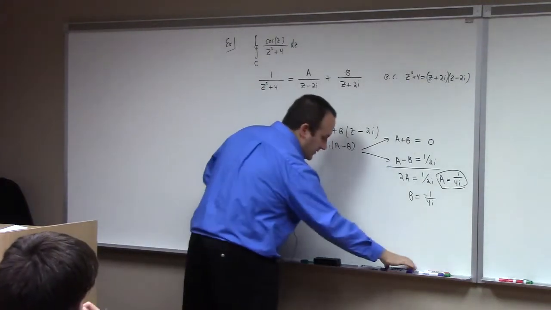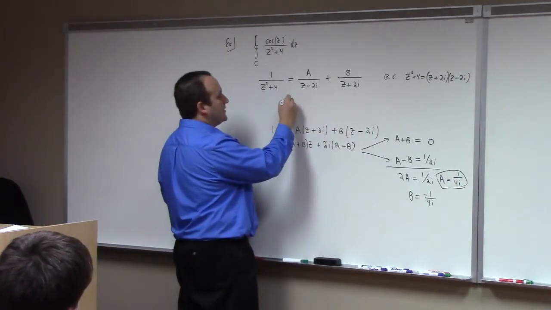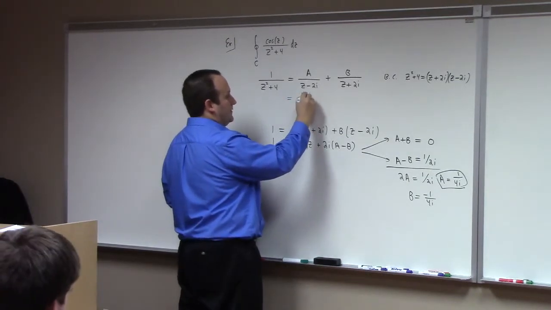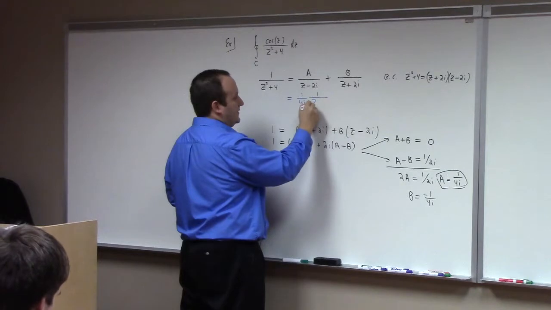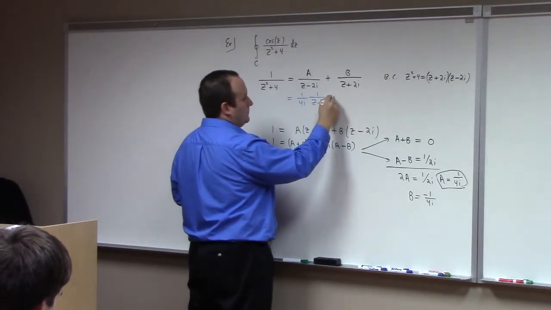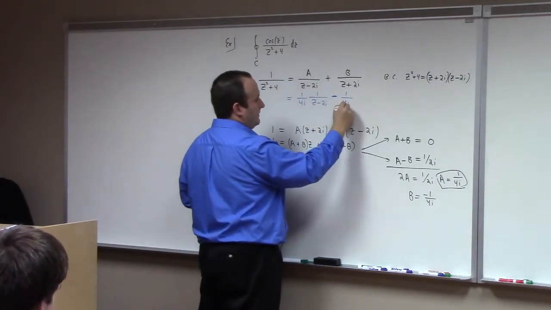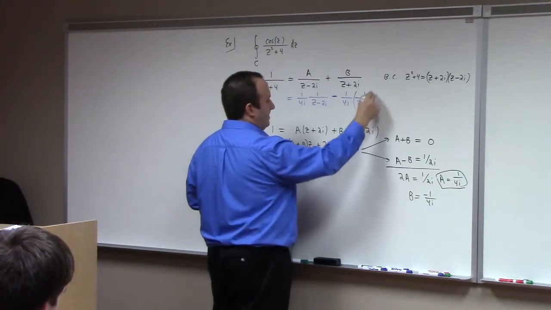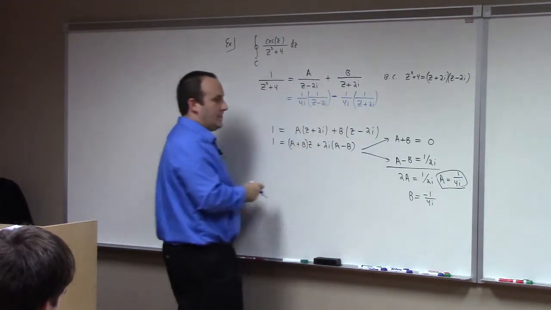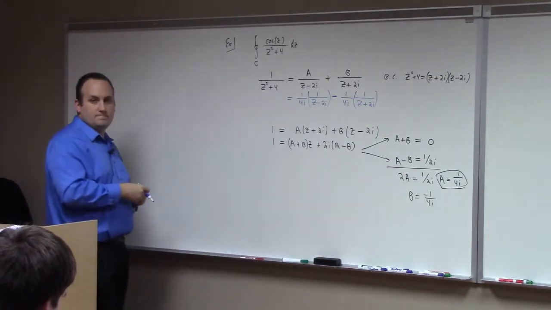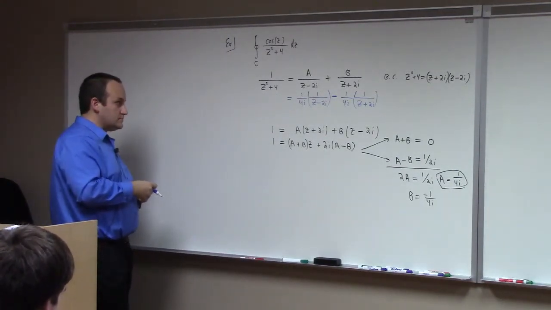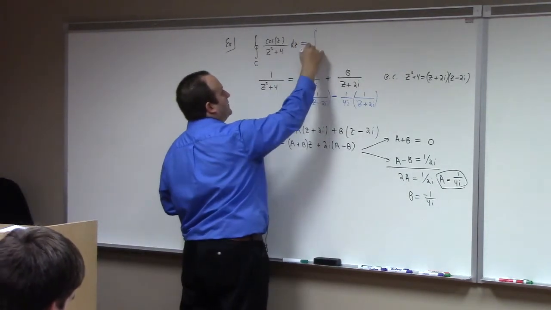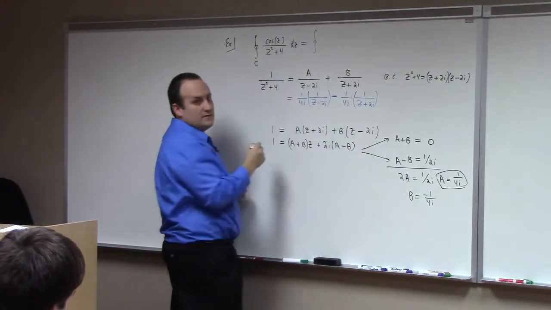Anyway, so long story short, what we got here is 1 over 4i times 1 over z minus 2i minus 1 over 4i times 1 over z plus 2i, right? Or much more interestingly, if you come back up here, we can break it into two integrals, right?